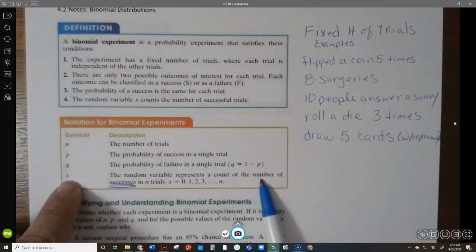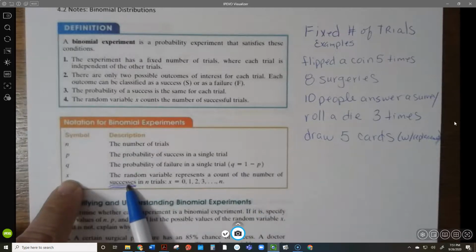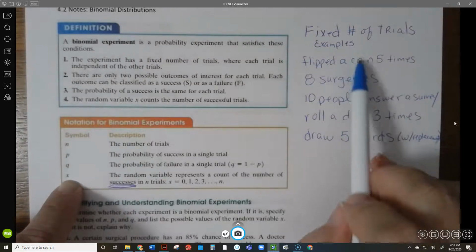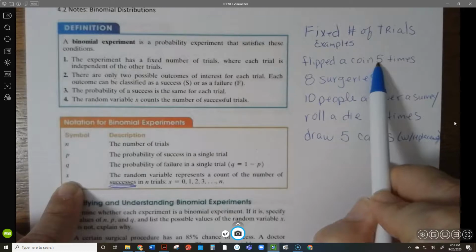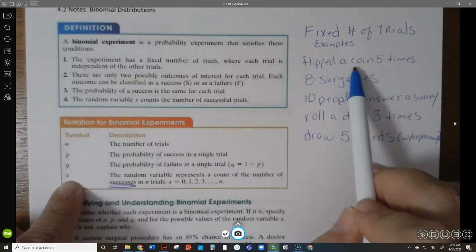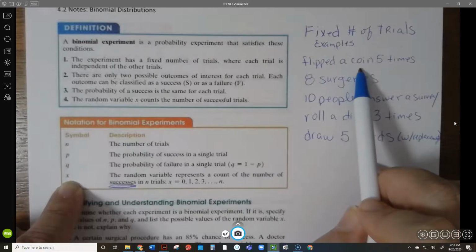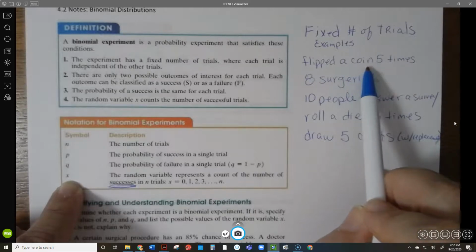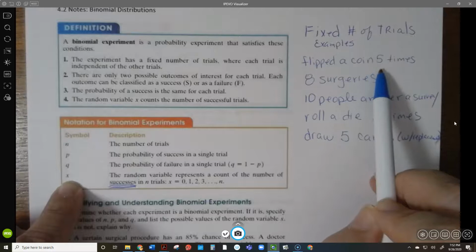And then x right here is going to represent the number of successes that are possible. So in other words, if I am flipping the coin 5 times, how many times might I experience success? Well, if I flip it 5 times, I could have success 0 times, only 1 time, or 2, 3, 4, or 5 times.